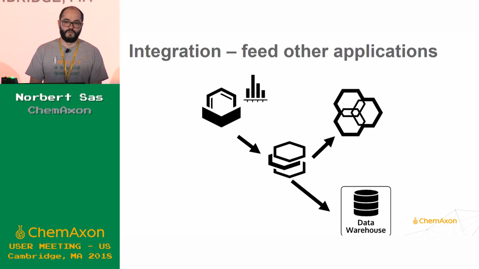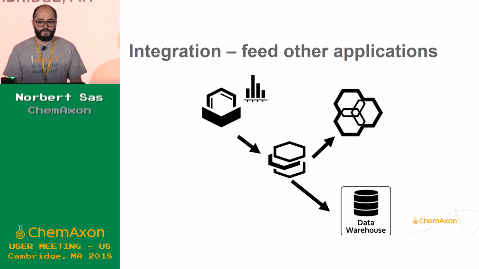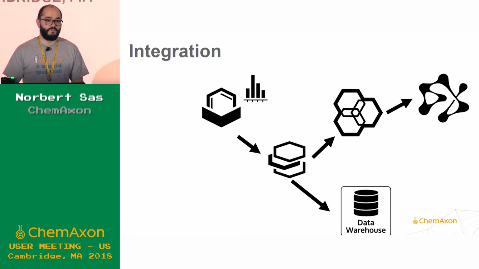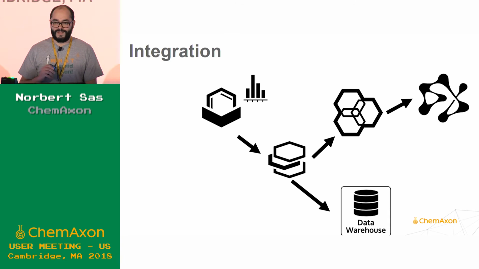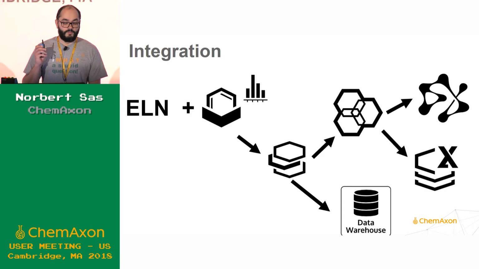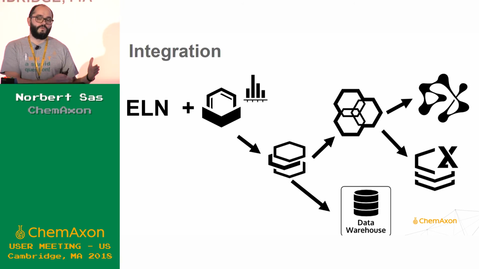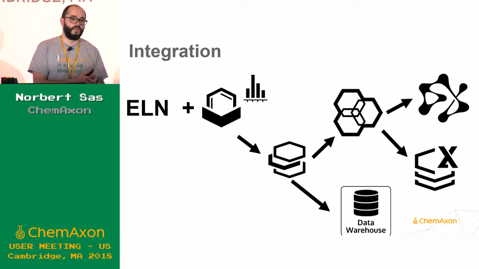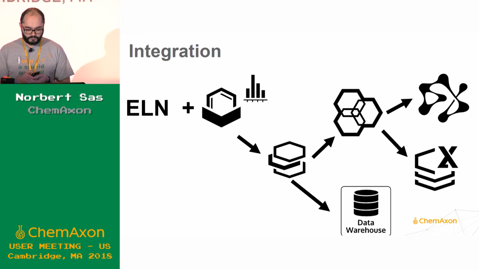A little bit further on, they also want to feed other applications, in this case IJC, which would produce different kinds of reports, be it in Plexus Connect or in Excel format. And of course, what else could it be? The ELN that we mentioned, which is just before getting the molecule into the registration system.